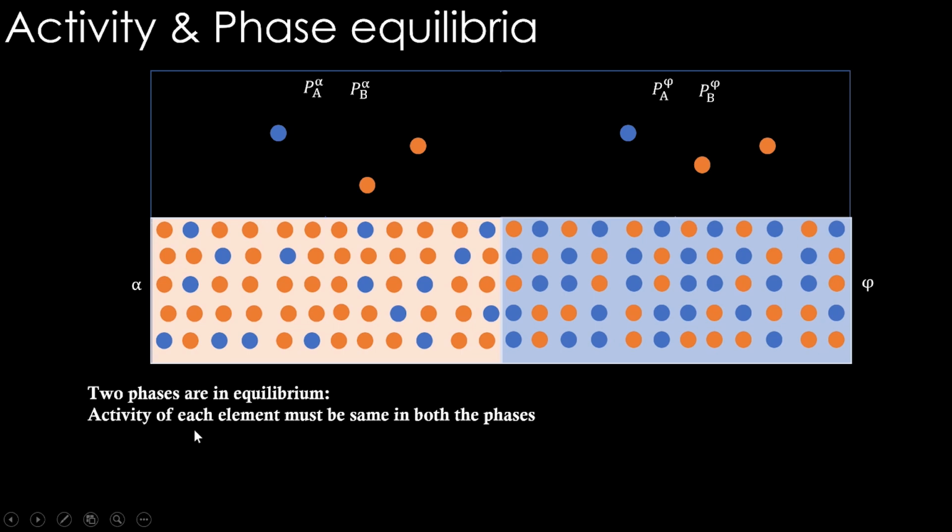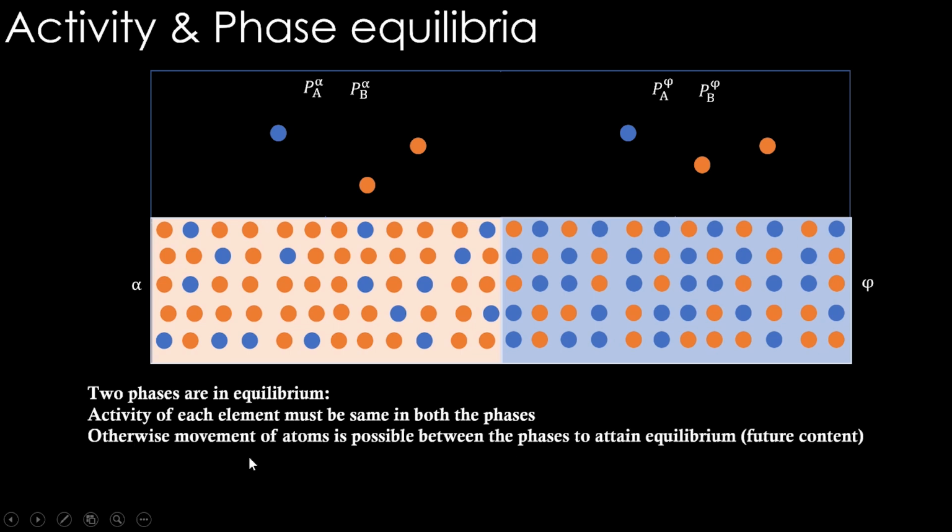Therefore, this is true, activity of each element must be same in both the phases. Otherwise, movement of atoms is possible between the phases to attain equilibrium. We are going to see more about this otherwise part. Right now we are focusing mostly on equilibrium part. So therefore, this is true. The second sentence we'll see more about in future when we see the diffusion and stuff like that.